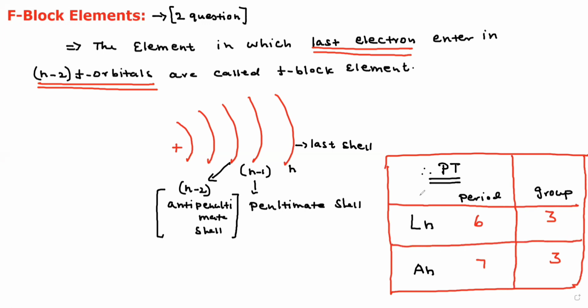Next, general configuration. In the lanthanides, the elements are cerium, atomic number 58, to lutetium, atomic number 71. How many elements are present?